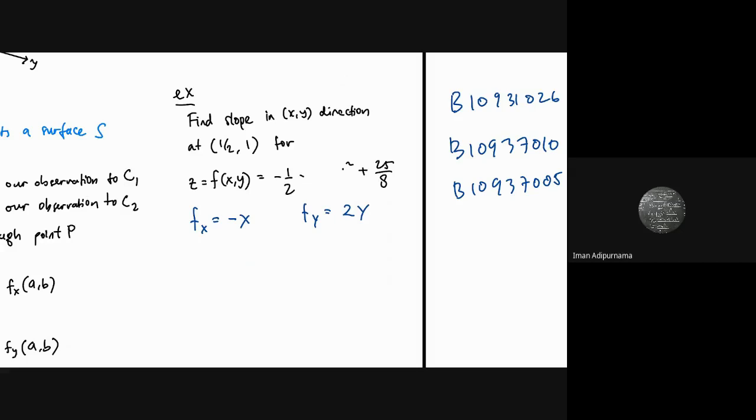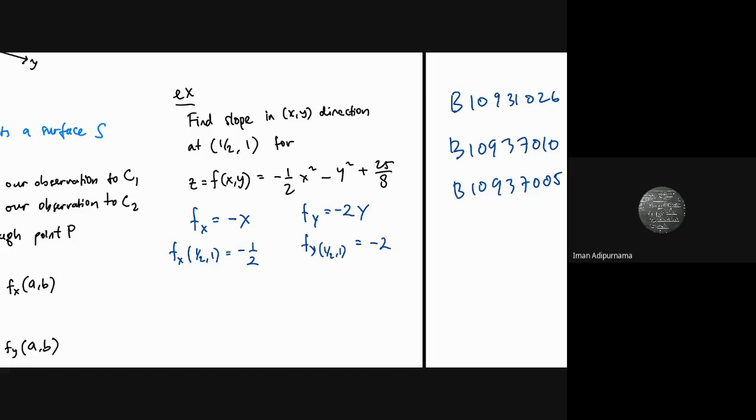I think to make it interesting, maybe this will be just negative. Okay, so it's also negative here. And we can put in our coordinate. This will be negative half. And this will be negative 2.